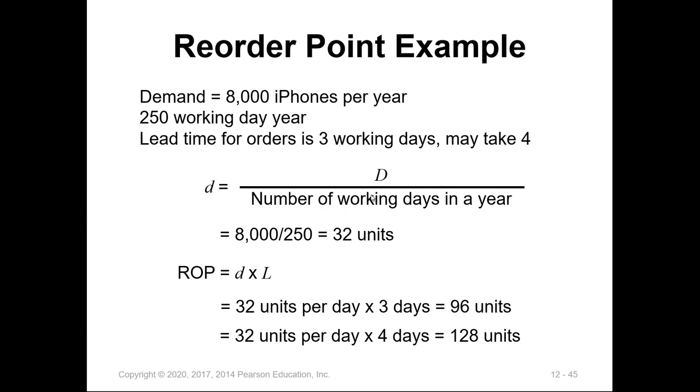The example in this slide is for an Apple store that has a demand of 8,000 iPhones per year. With 2 weeks vacation, we have 250 days considered as working days. The lead time for orders is 3 to 4 weeks or 3 to 4 working days until you receive the items that you ordered.